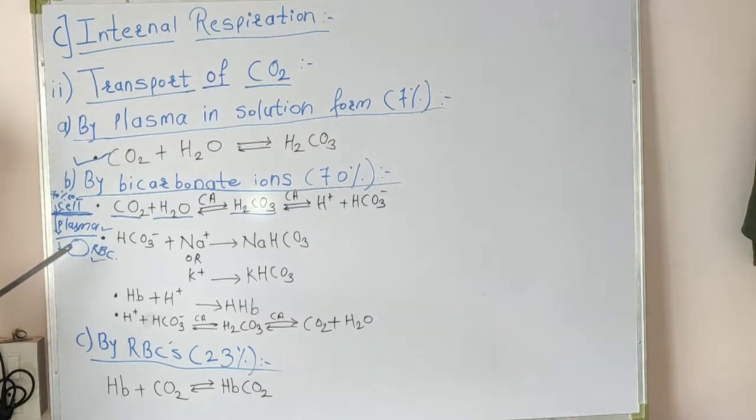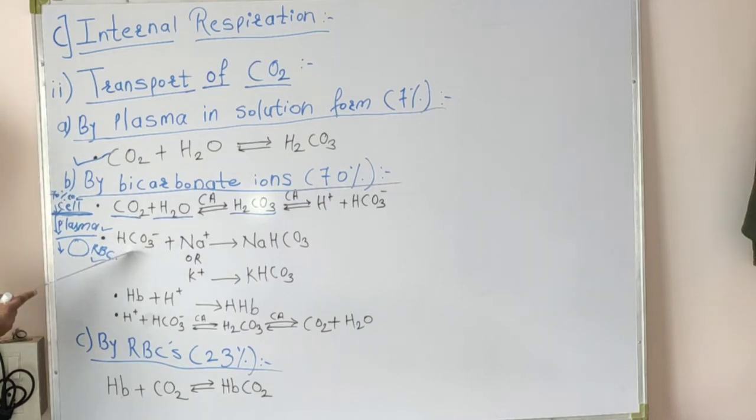That means it becomes imbalanced, and for maintenance of ion balance between the RBC and the plasma, chloride diffuses into the RBC. This movement of chloride ions is called the chloride shift or Hamburger's phenomenon.